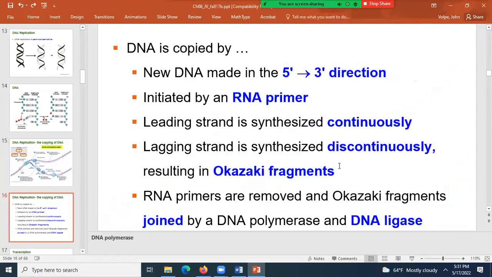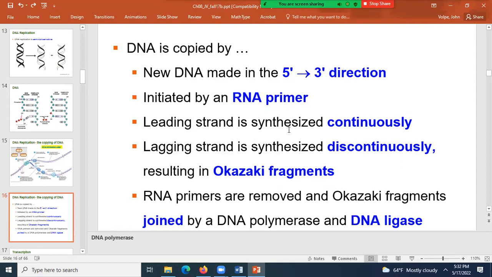You should also know that DNA is made in the 5' to 3' direction. The DNA replication starts by an RNA primer being put in. And I'm not going to ask you what all happens with that RNA primer. It has to be removed and replaced with the DNA nucleotides.